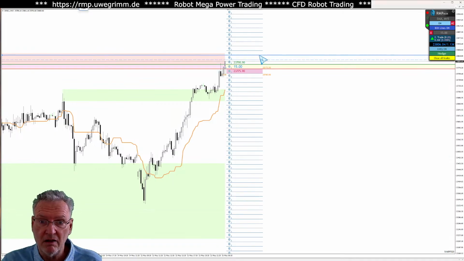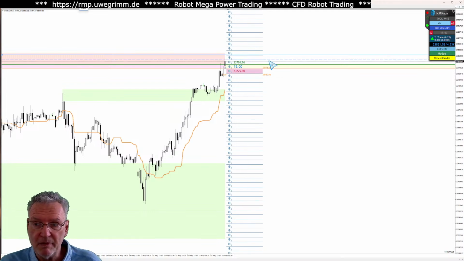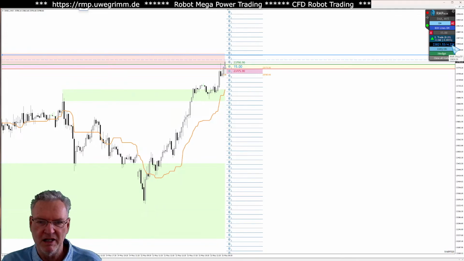I will make the take profit longer. You see, there was my original take profit, this dashed line, and then I turned it longer. So instead of €1.20, it's €4.23.